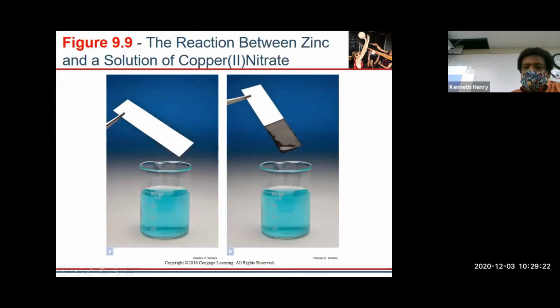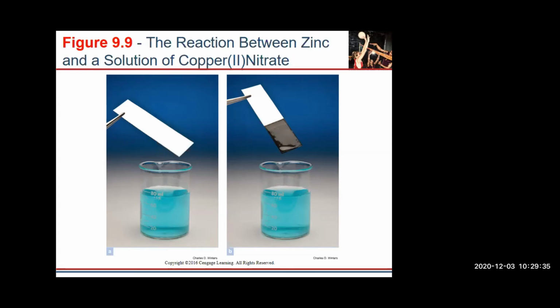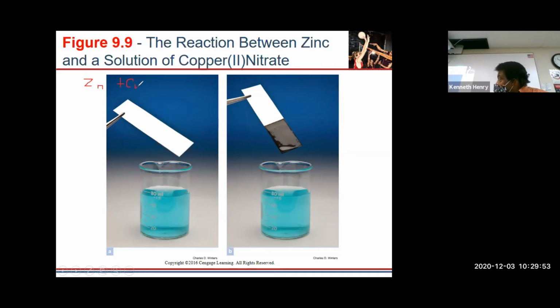Okay, so if we have a reaction between zinc and copper 2 nitrate, what is going to be the chemical equation? The conventional chemical equation. Zn plus Cu(NO3)2, then plus Cu NO3.